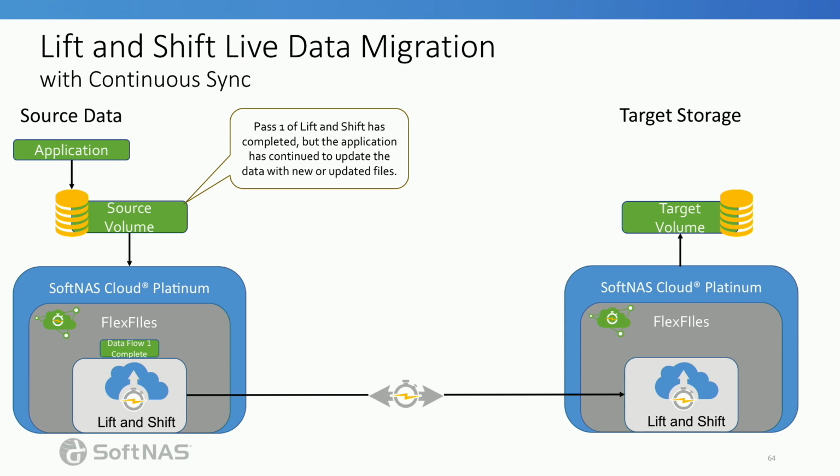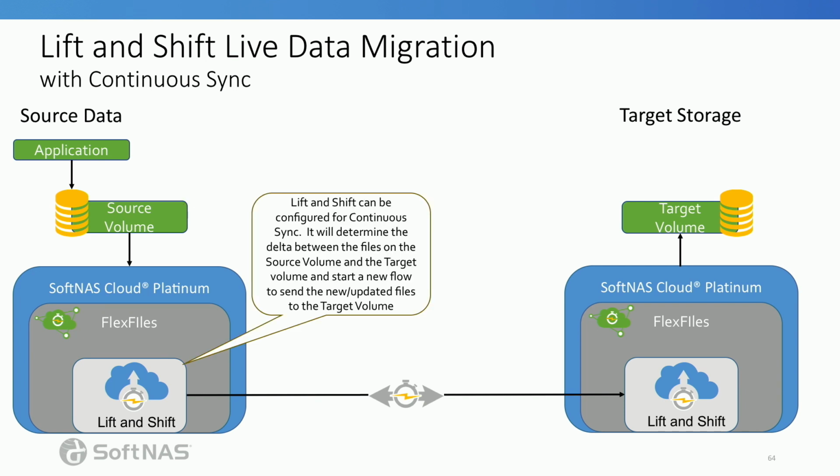All this SoftNAS node is doing is sucking the data off of where the data is. It could be a legacy NAS out there and migrating it over to SoftNAS on the other side. So it literally is lifting the data off of a legacy NAS, copying it with this automated flow to the other SoftNAS box in the cloud, and storing it in SoftNAS on the cloud. All right?